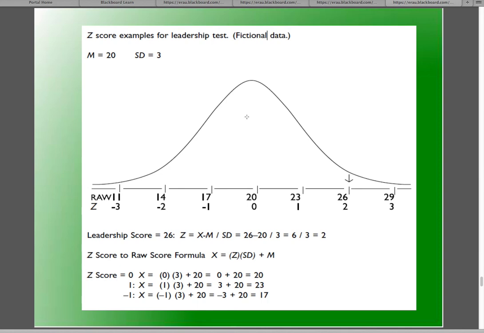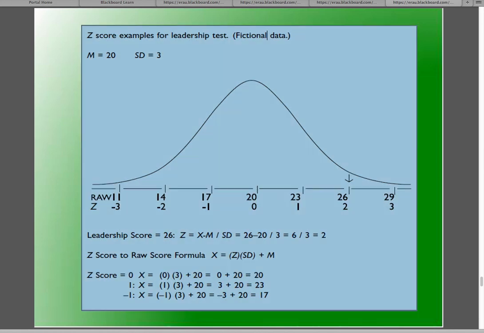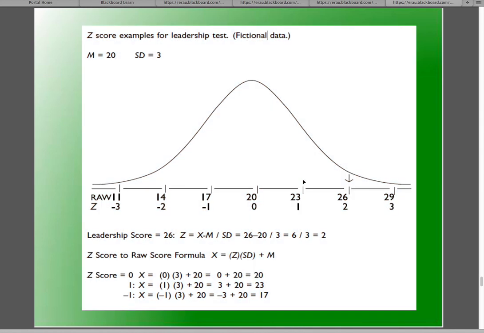Most of the scores between, let's say, -1 and +1 standard deviations, represent about 68% of all of the scores. So in a normal distribution, the scores just seem to pile up like an anthill around the mean.